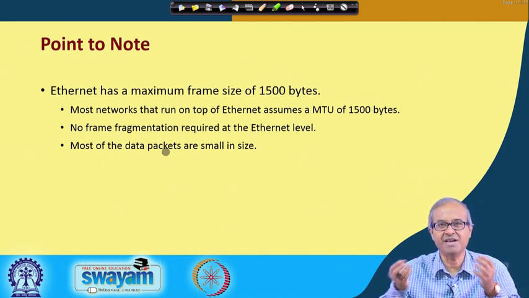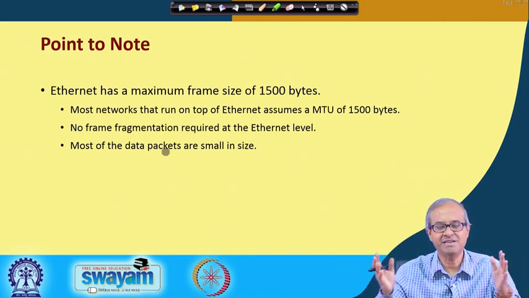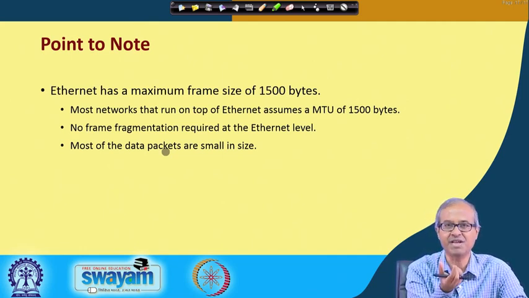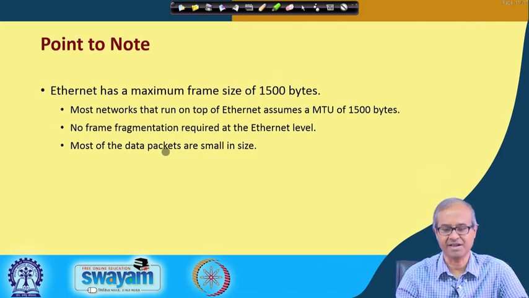So, only in very rare cases do you encounter larger packets. So, there you force that they be fragmented at the IP layer itself to create fragments of size 1500 or less, so that it can pass through the Ethernet layer without any further splitting or breaking.